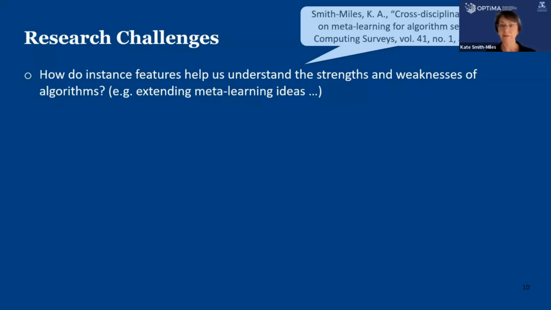So I had this paper published some time ago where I just saw an opportunity for us to take some meta-learning ideas and think about how we would apply them in an optimization context. But it comes down to how you measure the features of different optimization problems. What makes an optimization problem hard?